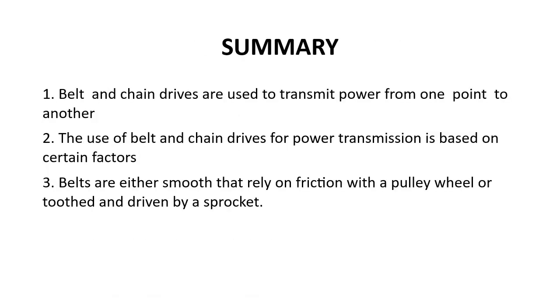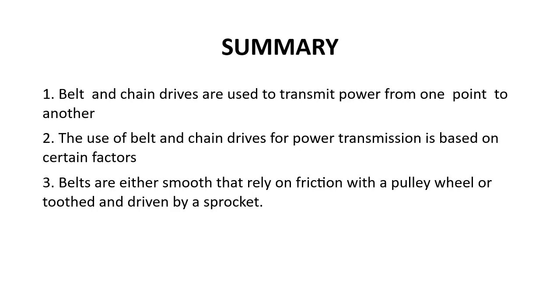Summary: 1, belt and chain drives are used to transmit power from one source to another. 2, the use of belt and chain drives for power transmission is based on certain factors as we've earlier stated.